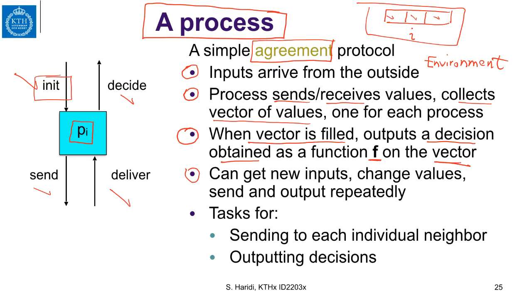These inputs can change value and can send values through the send and can output decisions repeatedly. So what we have as tasks here, we have sending to each individual neighbor is a task, and outputting decision is another task.